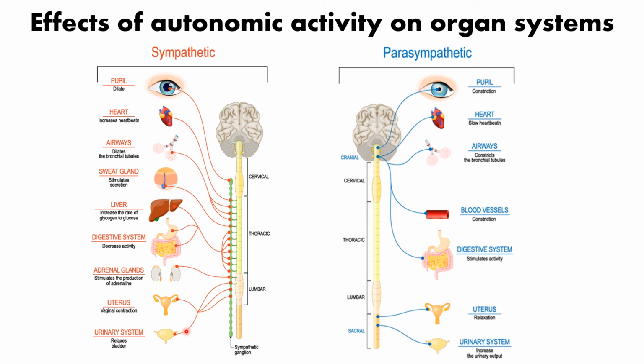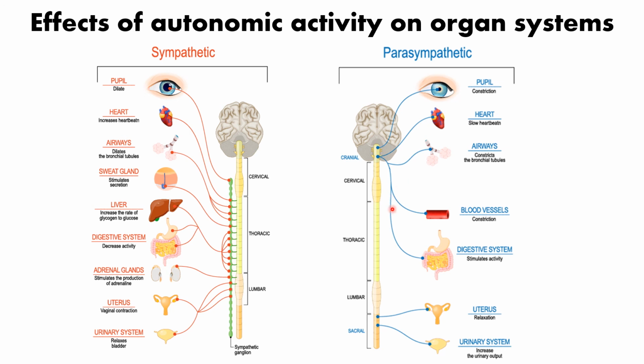So the overall response is that it decreases our urgency to urinate. The sympathetic response is just the opposite. The smooth muscles of the bladder contract, and the sphincter muscles relax, facilitating urination. So that increases our urgency to urinate.